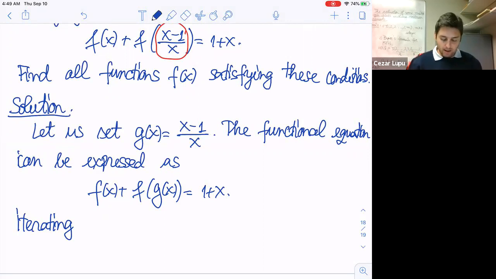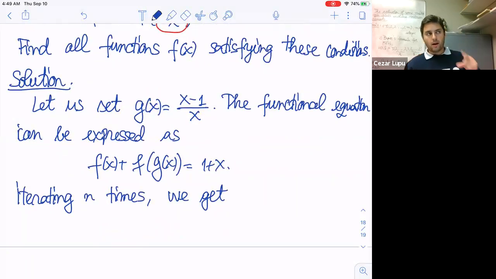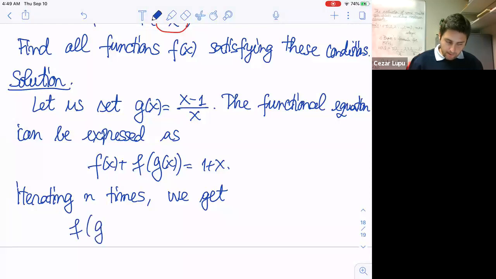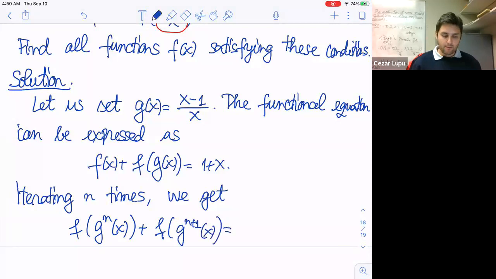Iterating, let's say n times, we get the following: f of g^n of x plus f of g^(n+1) of x, and here we'll have 1 plus g^n of x. So this is what happens when we iterate n times.